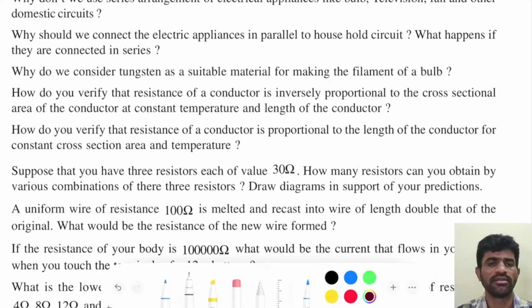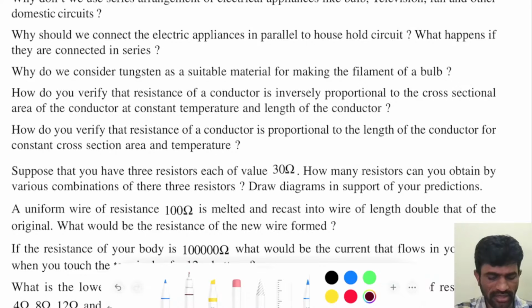We want a material that should not melt and it should produce heat. When it produces more heat, it will glow and produce light. So it should have high melting point and high resistance. Due to its high resistance and high melting point, tungsten is used as a filament.